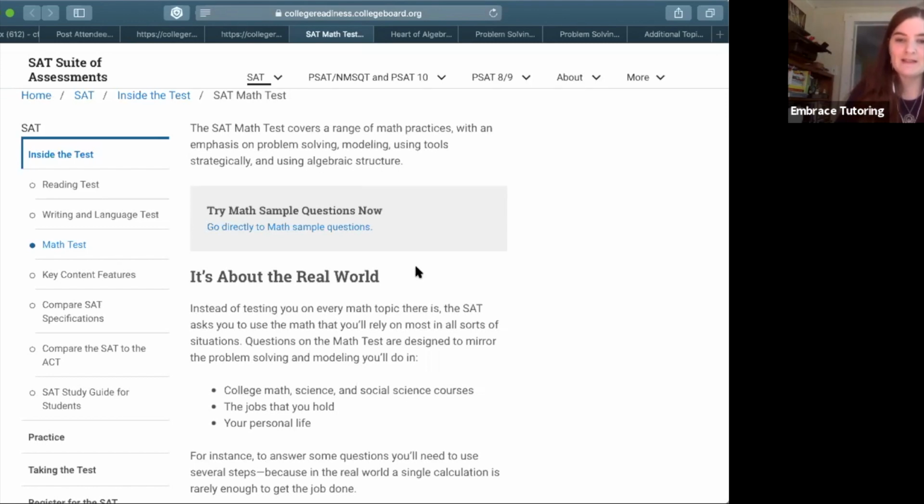Instead, it's focusing on the college level math, science, and social science courses that you're going to be using this type of math in. It's going to be dealing with math that you'll use in the jobs that you hold or in your personal life.